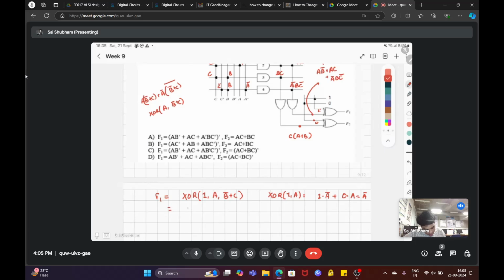So it can be written as XOR of A bar, B bar plus C, which will be A bar (B bar plus C) whole bar plus A (B bar plus C).